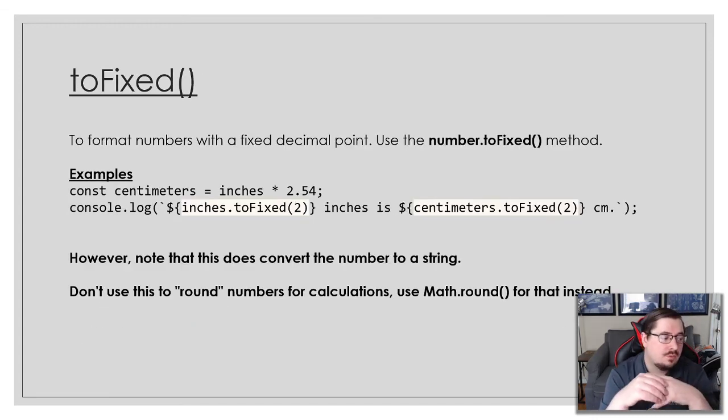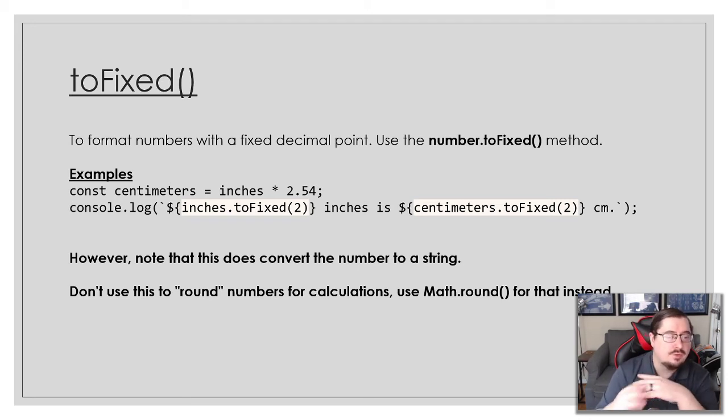Okay. Also, when you're writing output, it's frequently that you're going to need to write out numbers rounded to a particular decimal point. So for instance, in this case, I'm saying let's write out inches. Inches is blank centimeters. Well, in both of these cases, I want to round the number that I'm outputting to 2 decimal places.